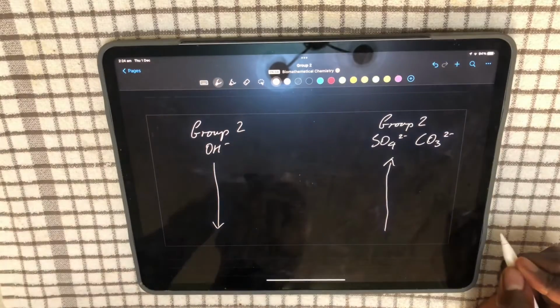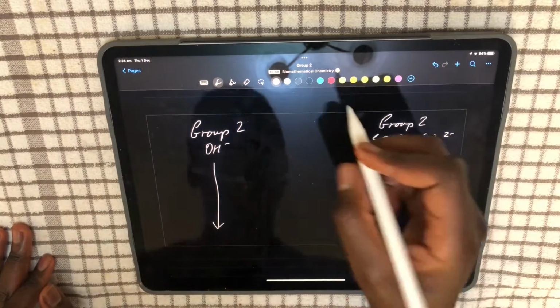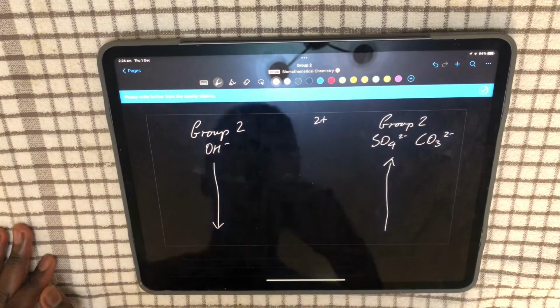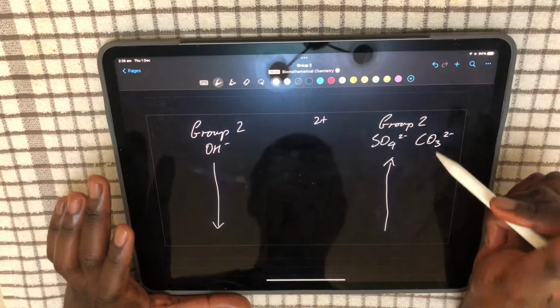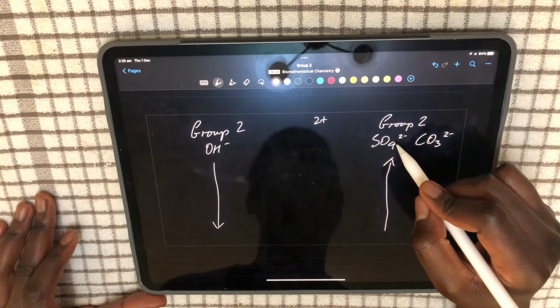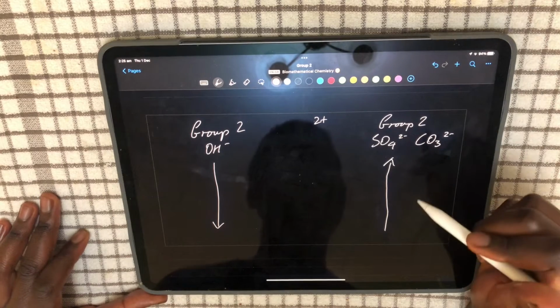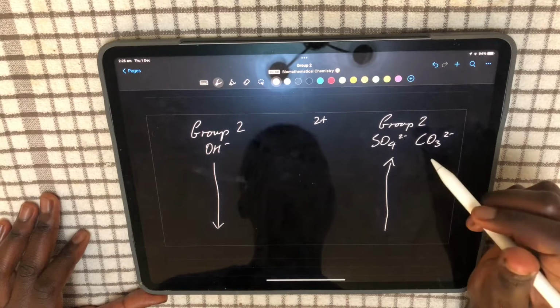Remember, group 2 metals form 2 plus ions. This is the one thing that I can see why, because it's 2 minus here and 2 minus here. Whenever you're talking about an ion with a 2 minus charge, you just know that its solubility would increase as you go up the group.